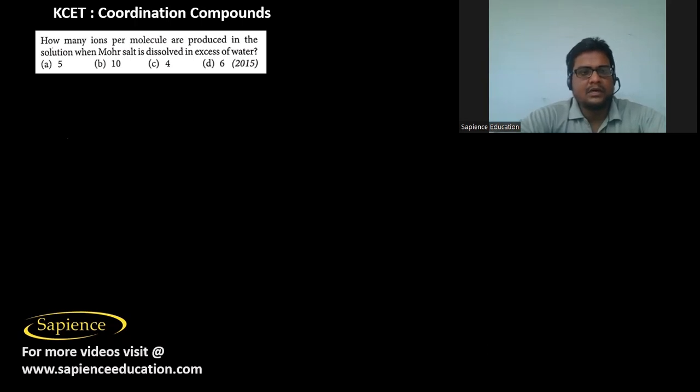Then it is told how many ions per molecule are produced in the solution when Mohr's salt is dissolved in excess of water.